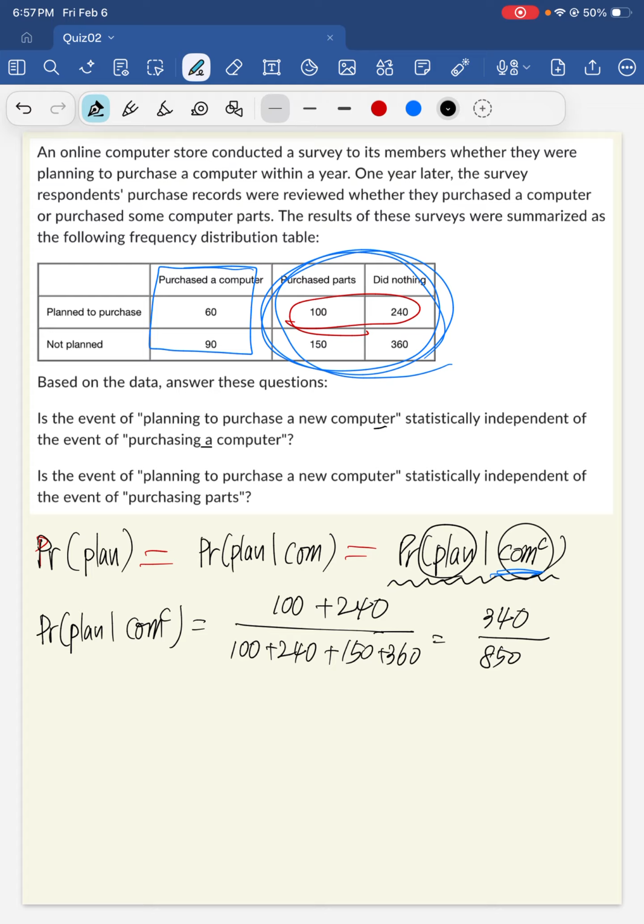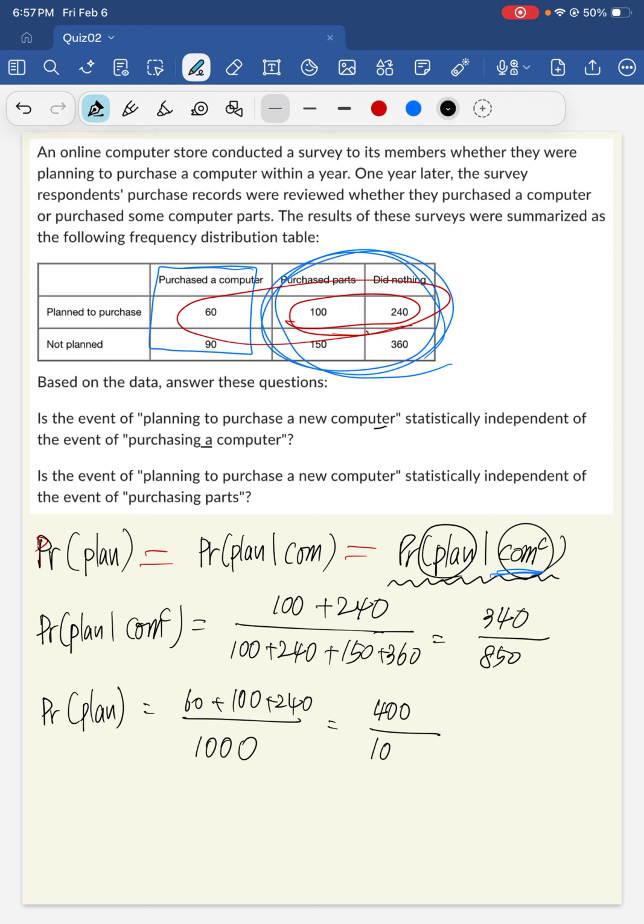And if you continue to calculate the probability for, let's say, plan, that means out of the 1,000 people, how many planned? This many have planned. So 60 plus 100 plus 240, that is 400 out of 1,000.